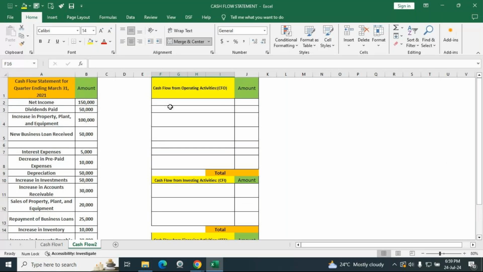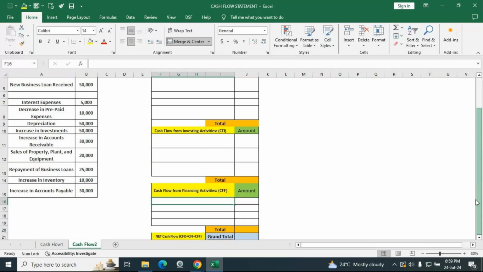You need to understand the line item and put it in the appropriate place. And you need to understand this amount is coming into the business, this amount is going out of the business, where it should be added, where it should be subtracted. Accordingly, I'm going to get how much it is at the end of the financial year. Clear?